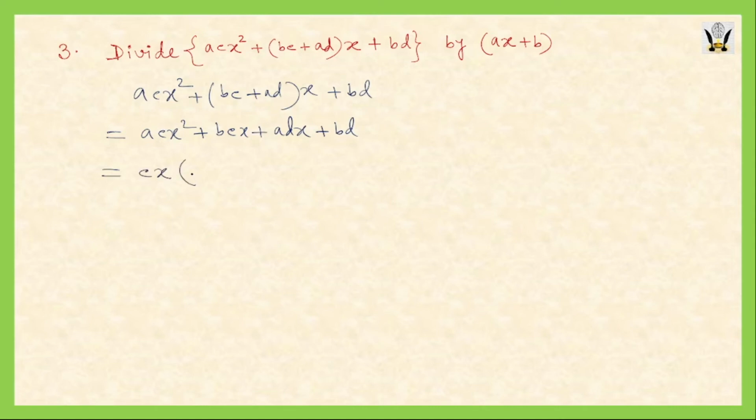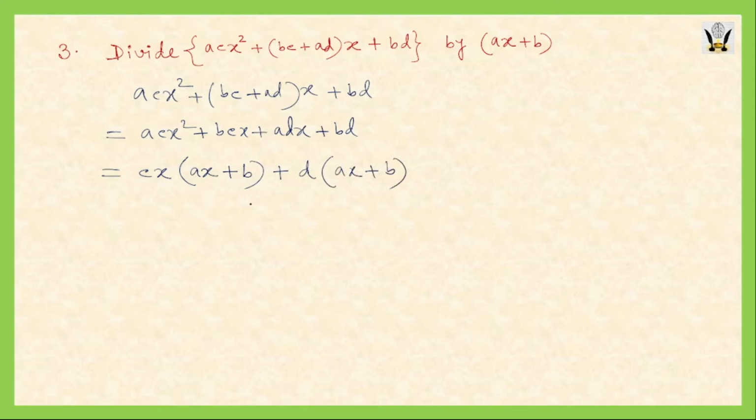If we take that as common, then what remains inside the bracket is a and here x. So cx and ax, if we multiply, we get acx square. And from the second term, what remains is b. Now between these two terms, what we can see is the highest common factor is d. So d, and then within the bracket it will again be ax plus b.